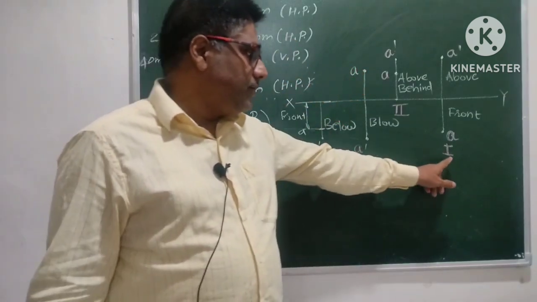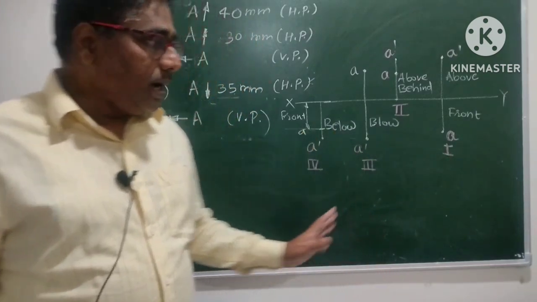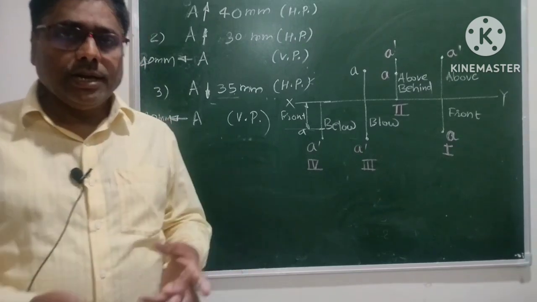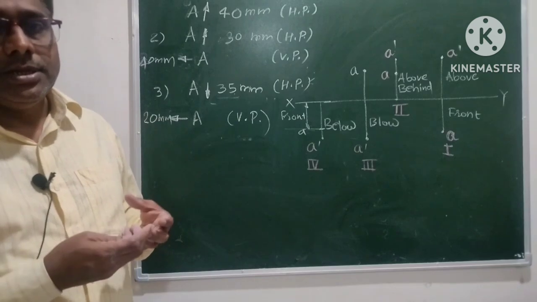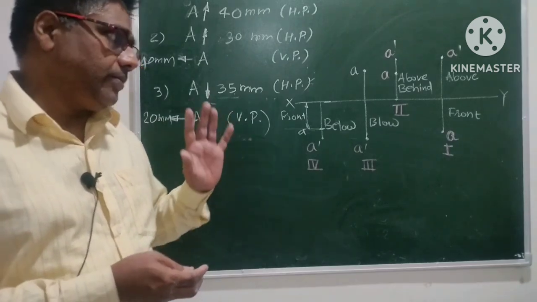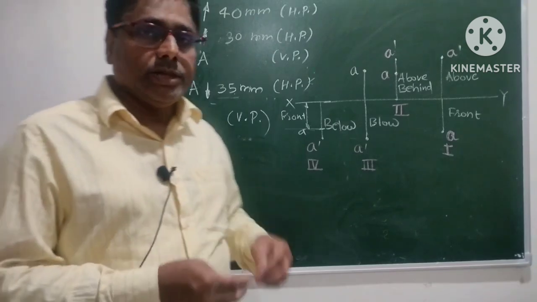That's why always the first and third quadrants are used. If we keep a point, line, plane or solid in the first quadrant, and then draw the projections, meaning the front view and top view, then such a method of projection is known as the first angle method of projection.